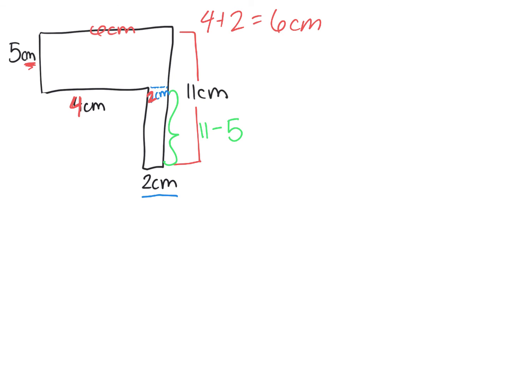Because we know that the 5 centimeter on the left-hand side can also go on the right here. So I'm going to take 11 minus 5 and see how many centimeters I'm left over with, which was 6 centimeters there. So let's go ahead and break it up, parallelogram 1 and parallelogram 2.